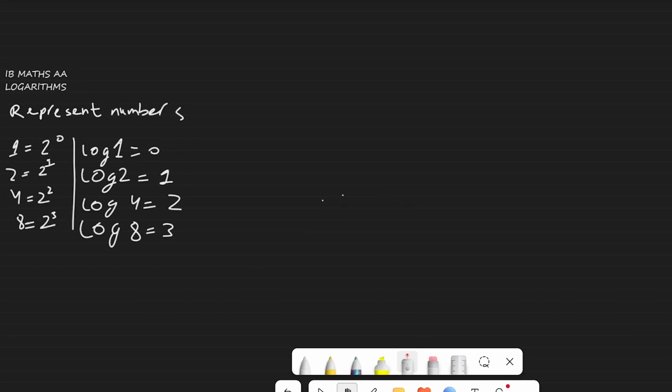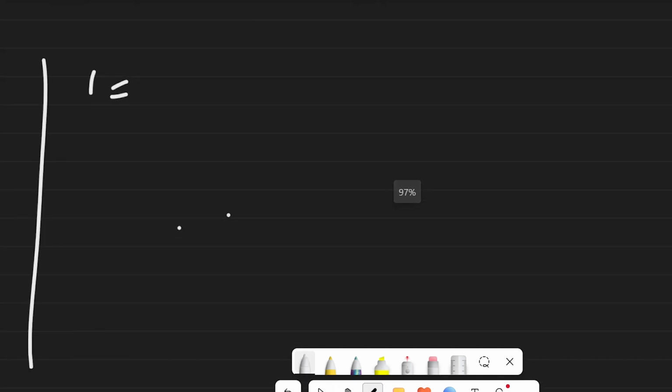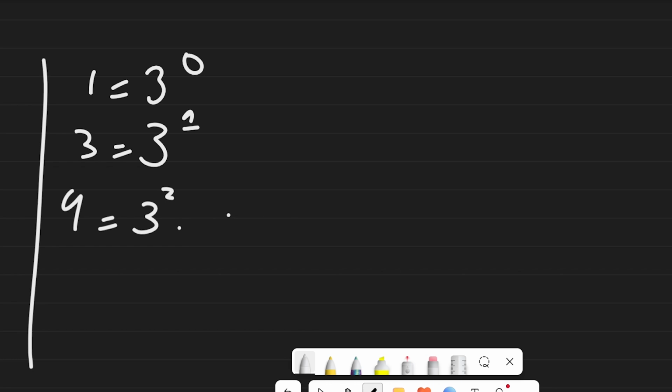So 1 is equal to 3 power 0, 3 is equal to 3 power 1, my bad, it's actually 3. 3 power 2 is equal to 9, 3 power 3 is equal to 27. Now if you write it in logarithmic form, what will you do? Just follow the drill.